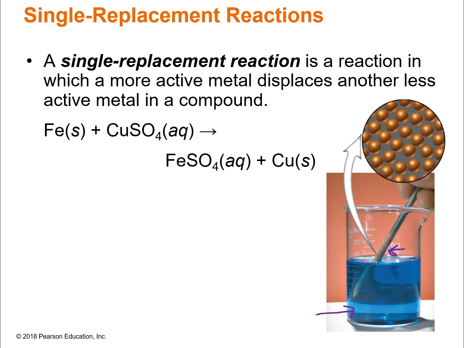Over time, what you're going to see is flakes of metal forming. That's copper solid, because iron is more active than copper. So it replaces the copper in solution. So instead of having copper 2 sulfate, we've now got iron 2 sulfate and then copper metal.